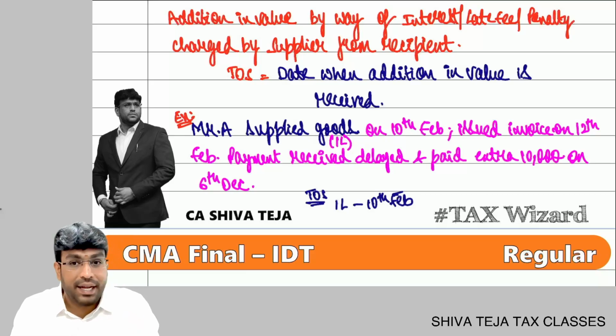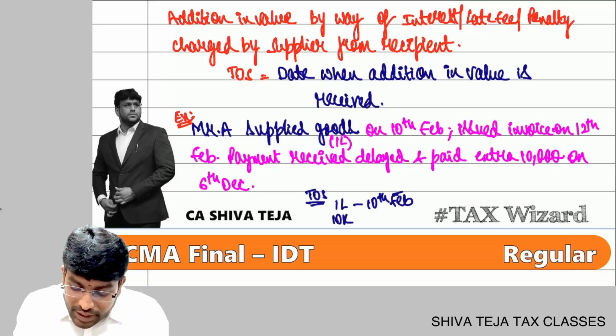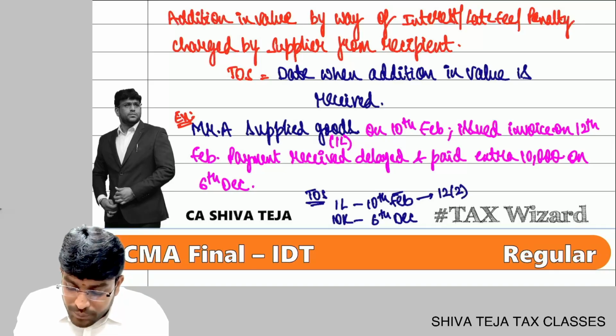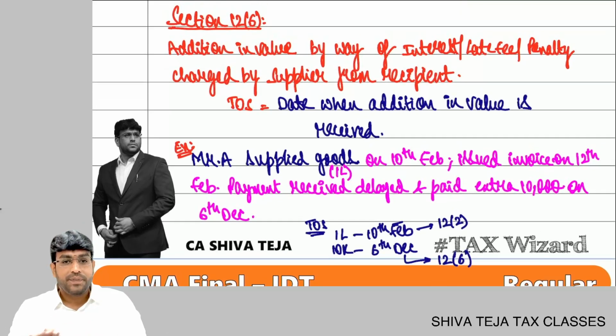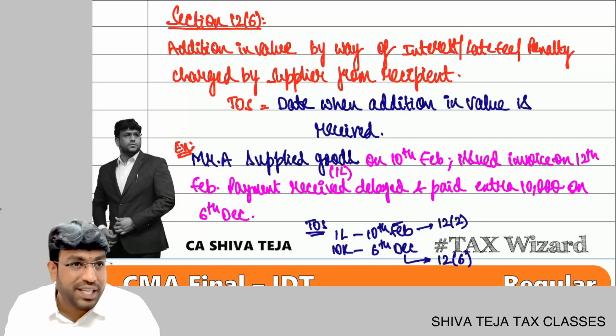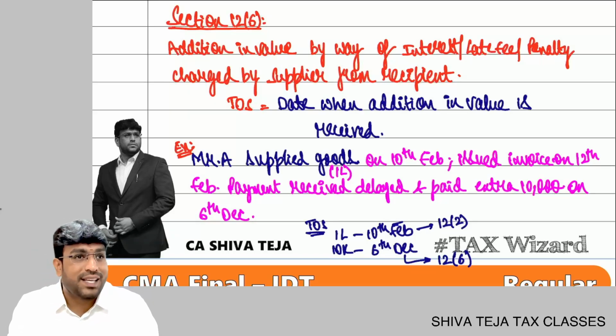So for original 1 lakh, it is 10th of February. And for 10,000, it is the date of receipt, 6th December. This answer I told because of 12.2. This answer I told because of 12.6. I think we got complete clarity on this point. So that's the end of story of 12.6, and that is also the end of story for section 12.